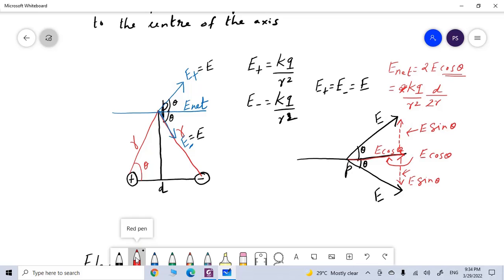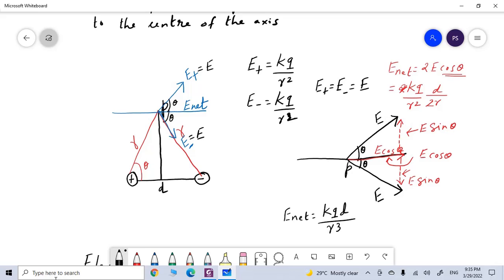So the net electric field will be E net is equal to K Q D over R cube. But there is a catch.